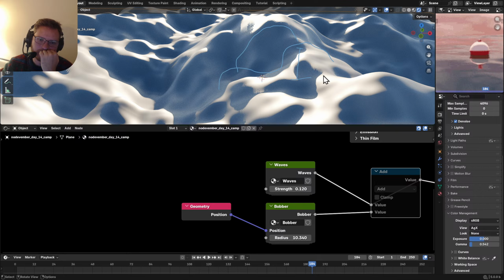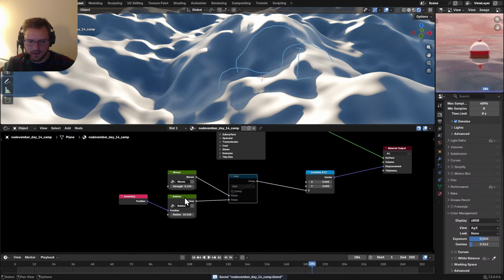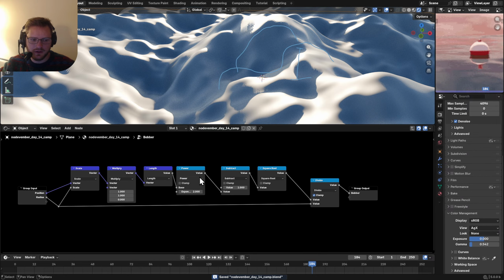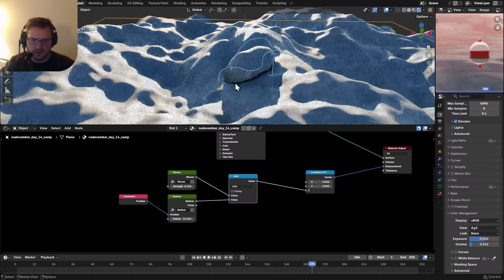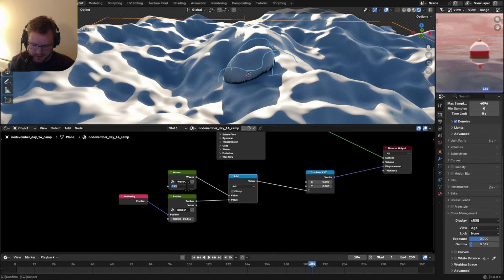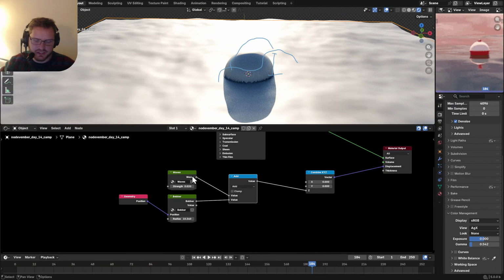Okay, I have an idea. So this bobber, remember, has a length, and that length basically will help define where there is and isn't a bobber. So I'm just going to output that. Okay, so let's make this much tinier so we can actually see what's happening.